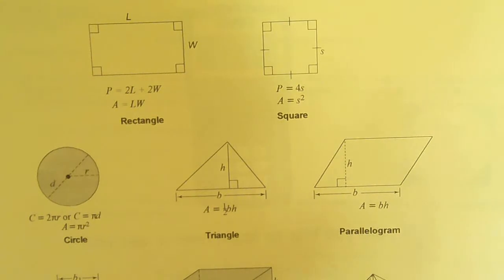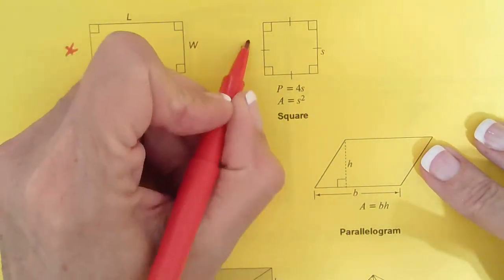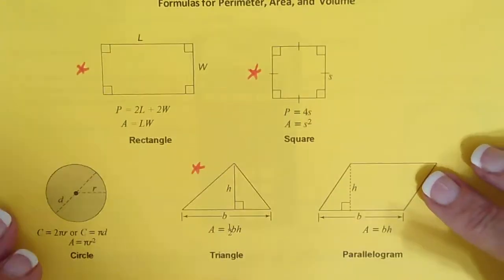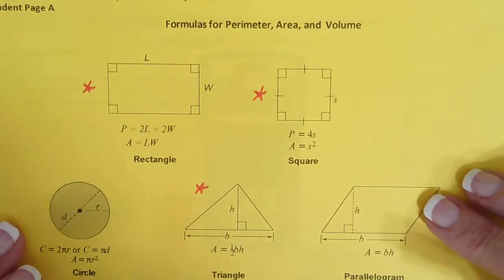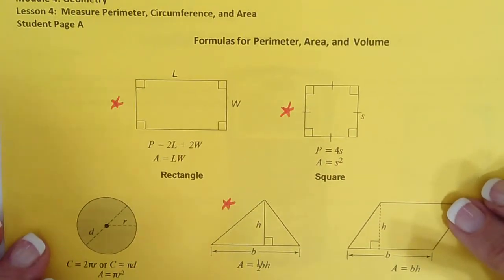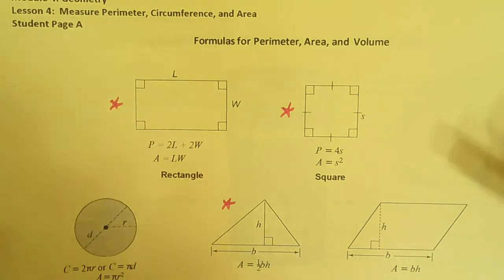So if you decide to print it out, you should put stars here, here, and here. These are the only 3 you have to remember for the final. All the rest they will give to you. Okay? So we're going to refer to this a lot as we do our next 2 worksheets.